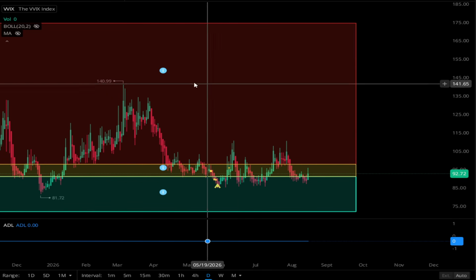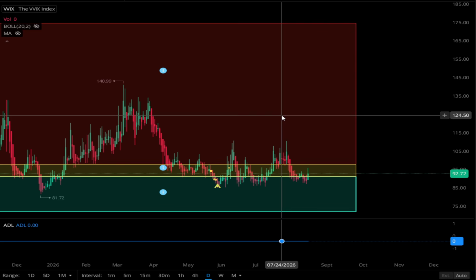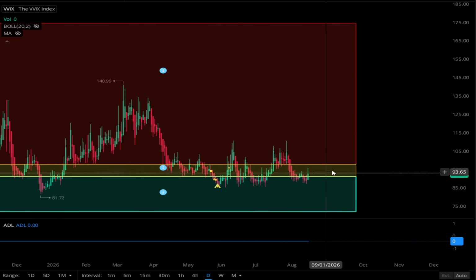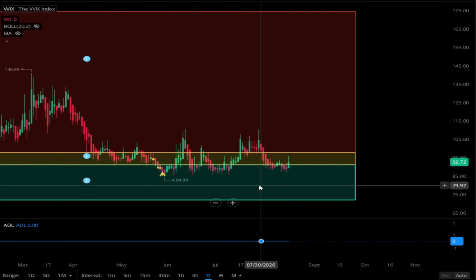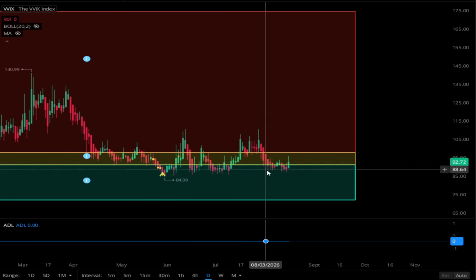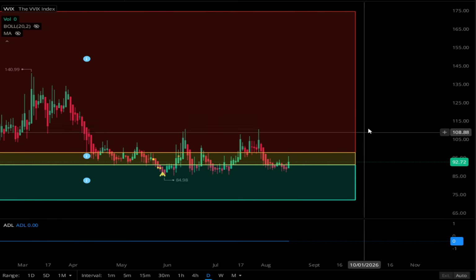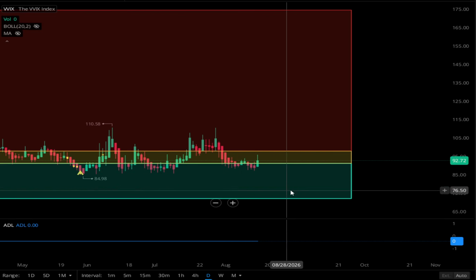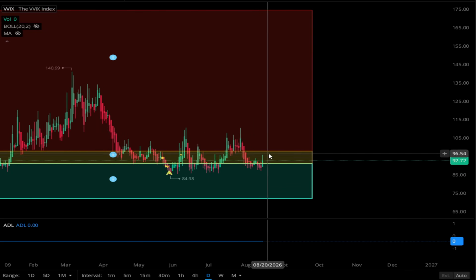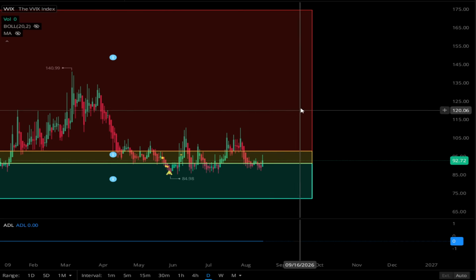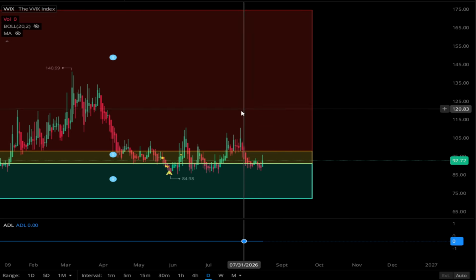If you enter the red, that means there's a lot of selling taking place. If you're in the yellow, there can be buying taking place, there can be selling taking place, but it's that cautionary in-between area. If you're in the green, then you're just go, go, go. There's a ton of buying going on. Well, we've pulled from the green area back into that cautionary yellow. And if we continue seeing this push upward, we're going to be right in that red area again.